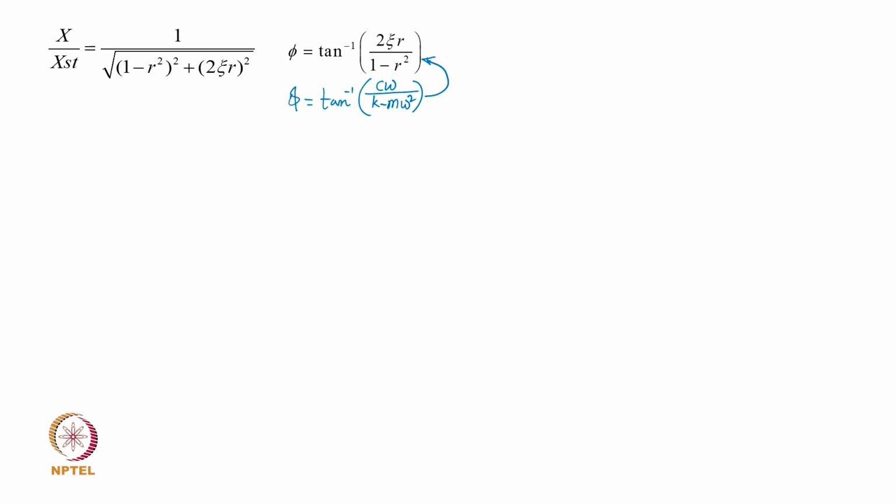Now, this phase angle phi is different than the phase angle phi I that we have been writing for a free vibration case. In a free vibration case, we wrote capital X e to the power minus zeta omega n t cos of omega dt minus phi I, where this phi I was written as initial phase lag.